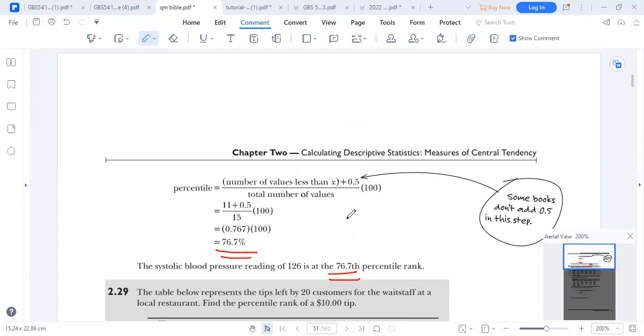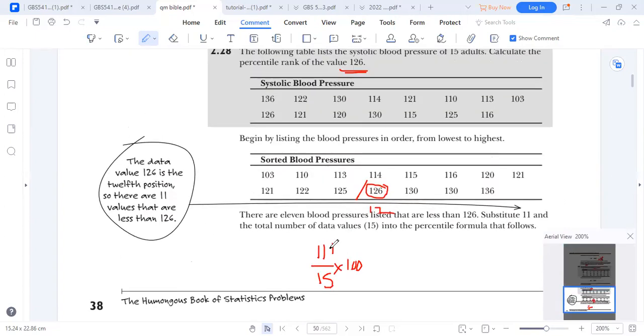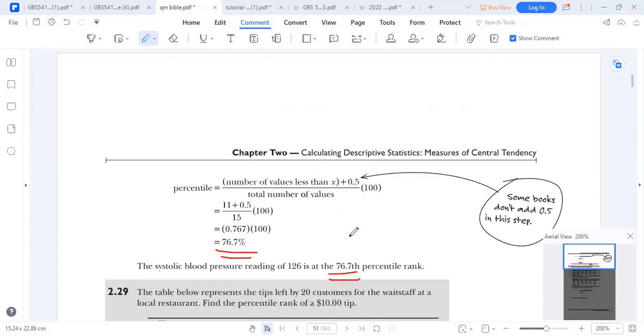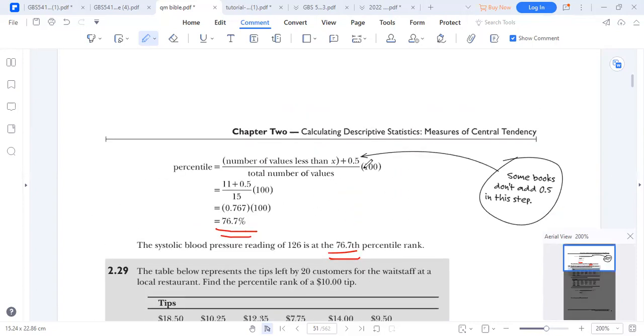Now this 11, we add 0.5. This 0.5 is just what some books do. Others, you can leave it out. So this step, you can get a full mark whether or not you add 0.5. So this is the figure there, 76.75.